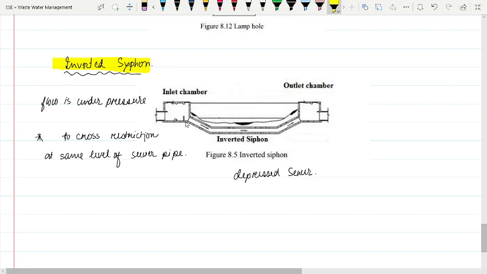An inverted siphon is a pressure pipe because the flow through it is under pressure higher than atmospheric pressure. Generally, to cross some restriction, we provide inverted siphons. So these are the various kinds of sewer appurtenances that we have to provide in the sewer lines. We will have different sewer appurtenances for domestic sewer lines, domestic sewer management, that we will discuss afterward.